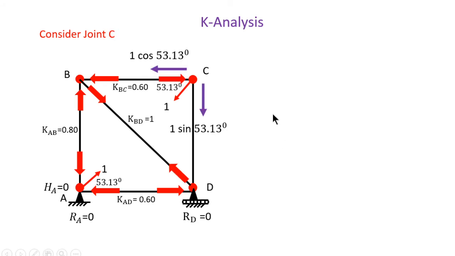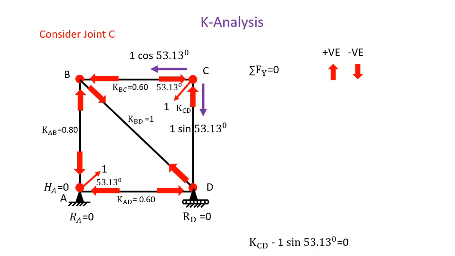And next we consider joint C here, and the resolution of the unit force is horizontally towards left 1 cos 53.13 and vertically downward 1 sin 53.13. Now here we are considering the force KCD and assume the direction is towards the joint. Now this member is vertical, so we are considering sigma Fy is equal to 0, with upward positive and downward negative.